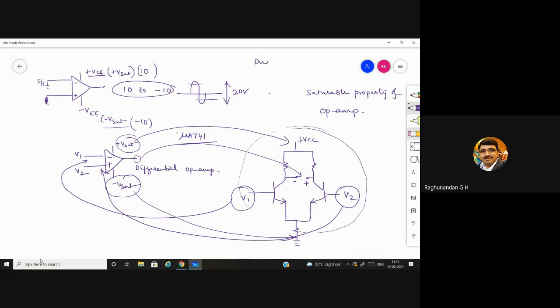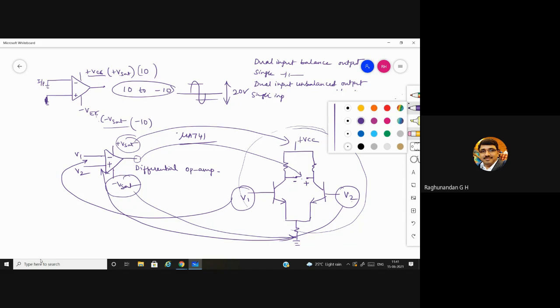Let me list out: dual input, balanced output type differential amplifier, single input balanced output, dual input unbalanced output, single input, single input unbalanced output.